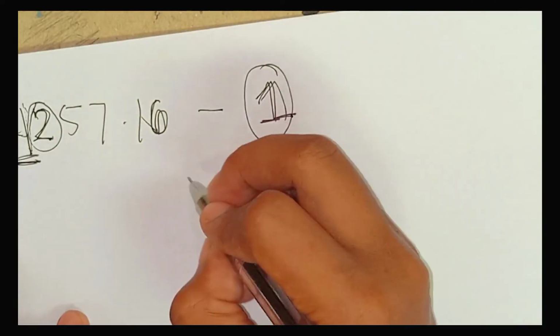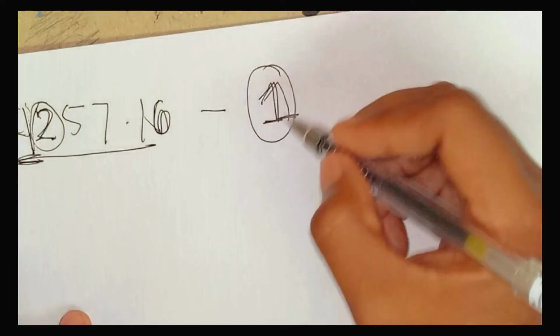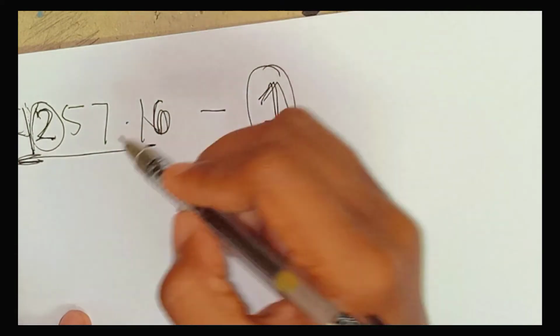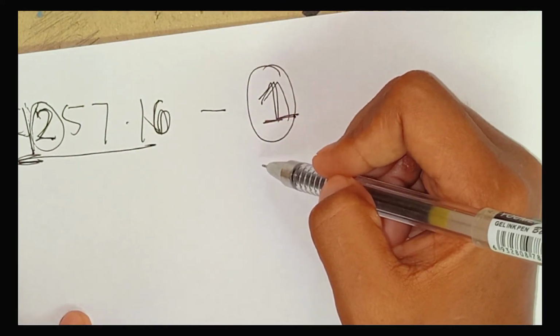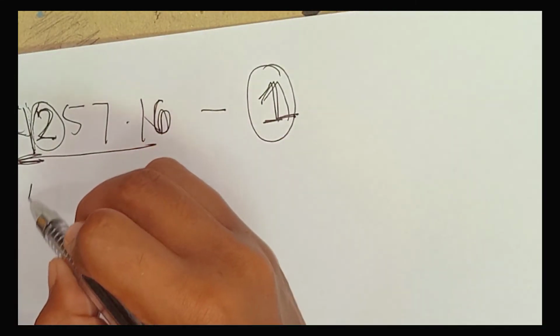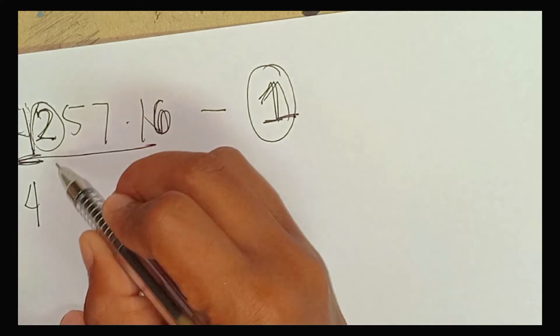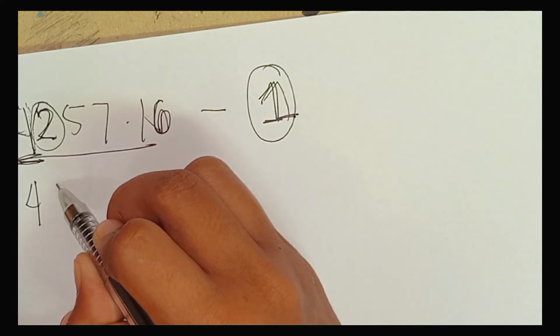So we need something that is very close to 4,257.16. The closest thing we can get is to copy 4, and everything else is going to be 0.